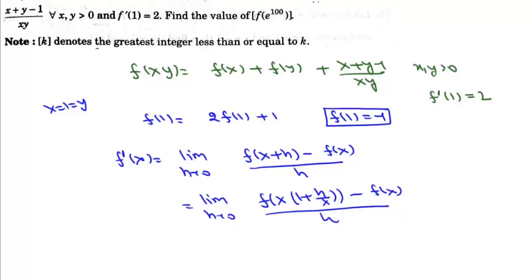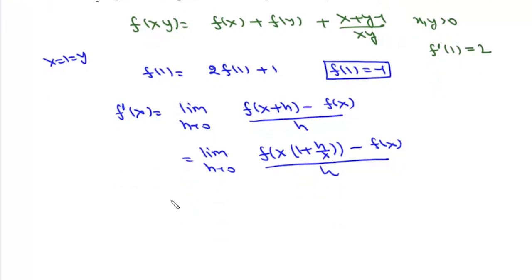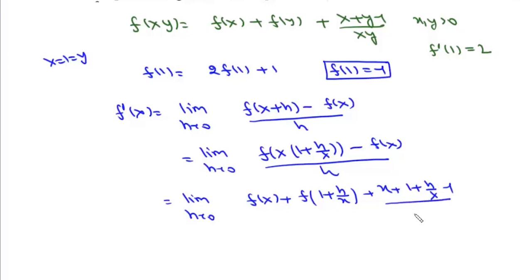So we'll write this as limit h tends to 0 of f(x) plus f(1 plus h upon x), and then plus (x plus 1 plus h upon x minus 1) upon (x plus h) minus f(x), whole divided by h.